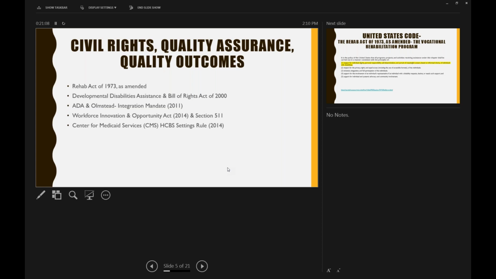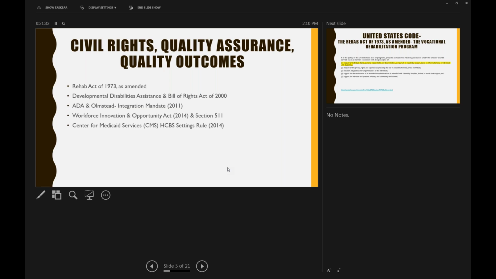Starting back in 1992, the Rehab Act of 1973, as it was amended, first included a mandate within the laws about informed choice, which I'll go over in just a little bit. And it's still written in the Rehab Act today as it's amended.